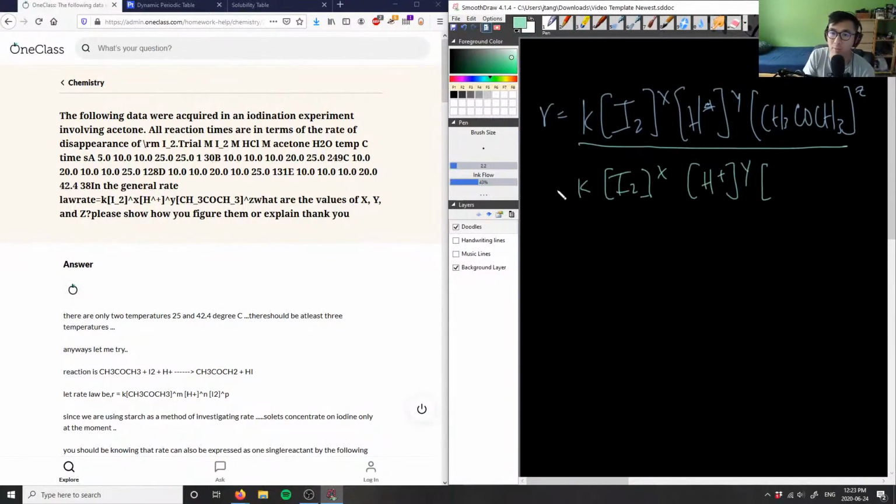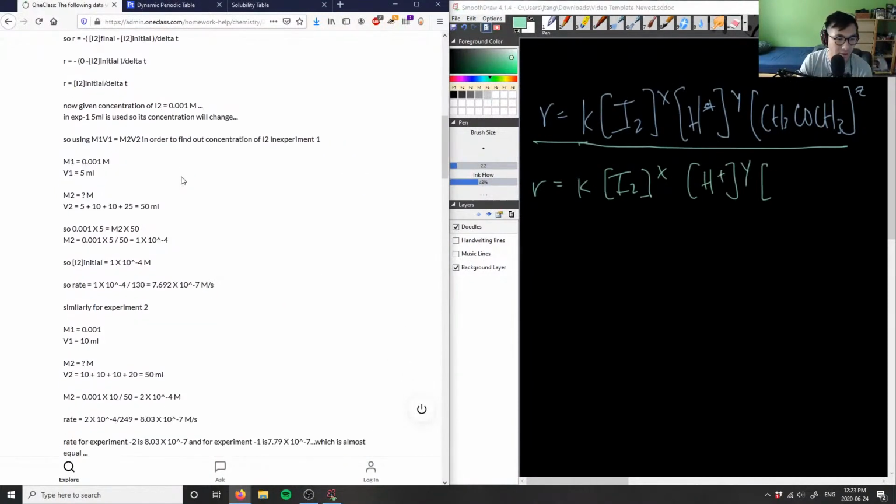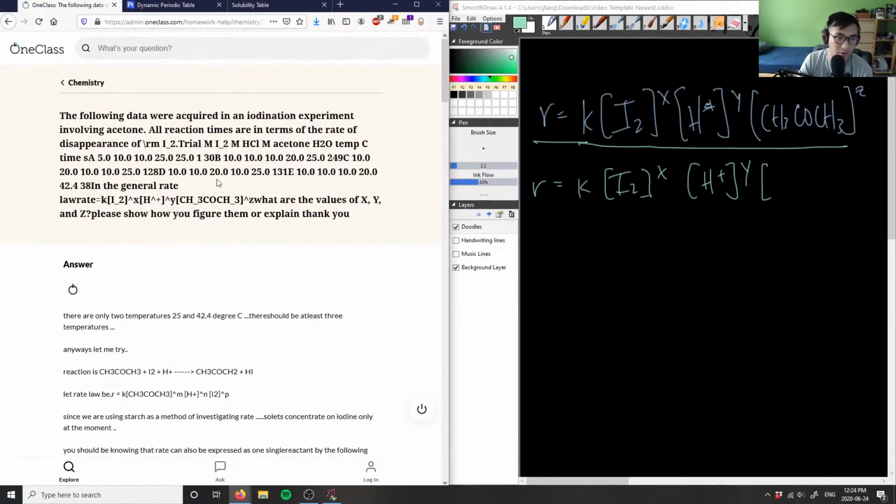So I would basically divide everything by a constant set of values, depending on how they have the data set up. I don't know if it was in a chart or something like that, but that's how you would go about this question.